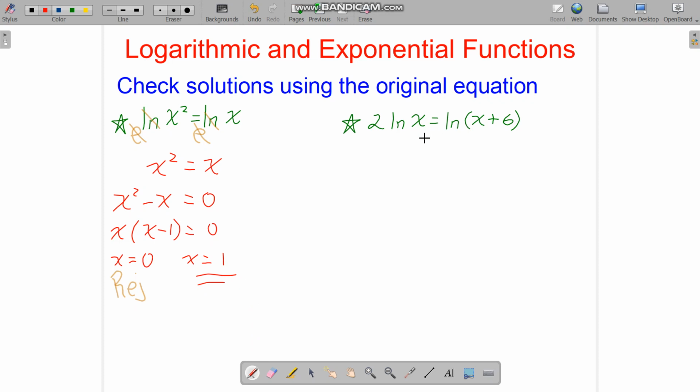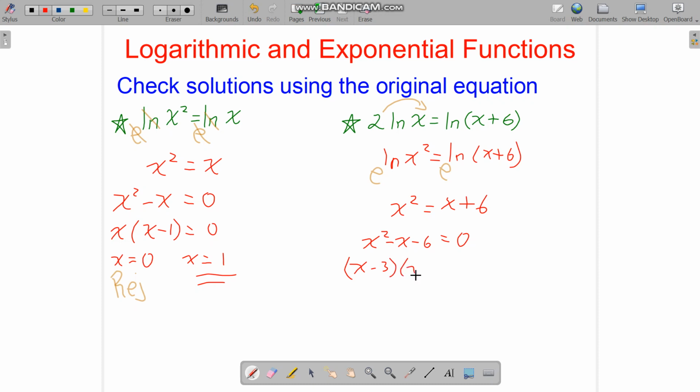And here, if we put the 2 here, so we have ln x squared equals ln x plus 6, and we can raise both sides base e, cancel out, so we have simply x squared equals x plus 6, and we can move everything to the left and factorize: x minus 3, x plus 2, and x equals 3, x equals minus 2.